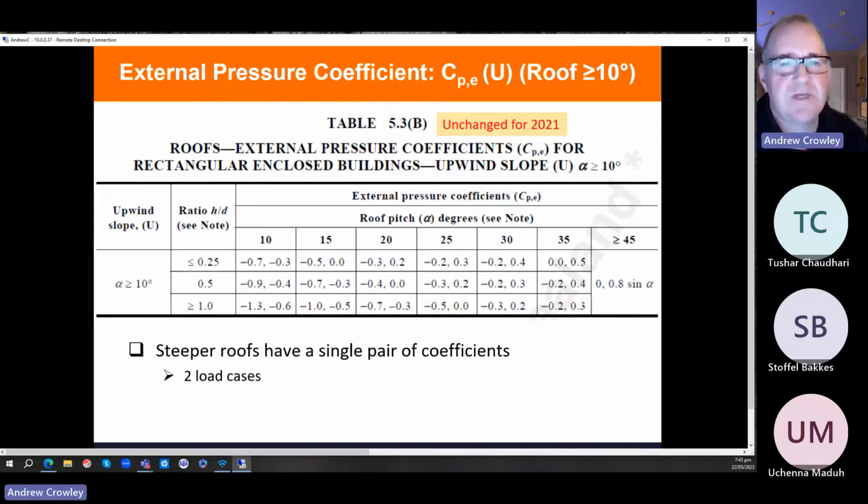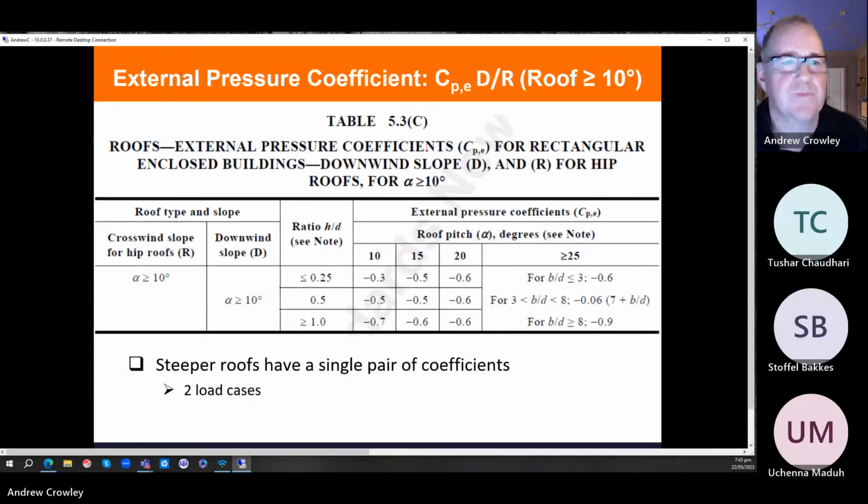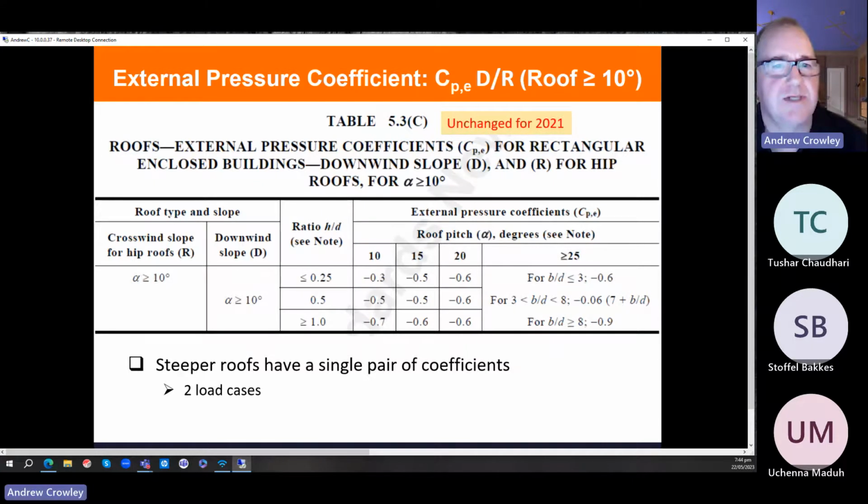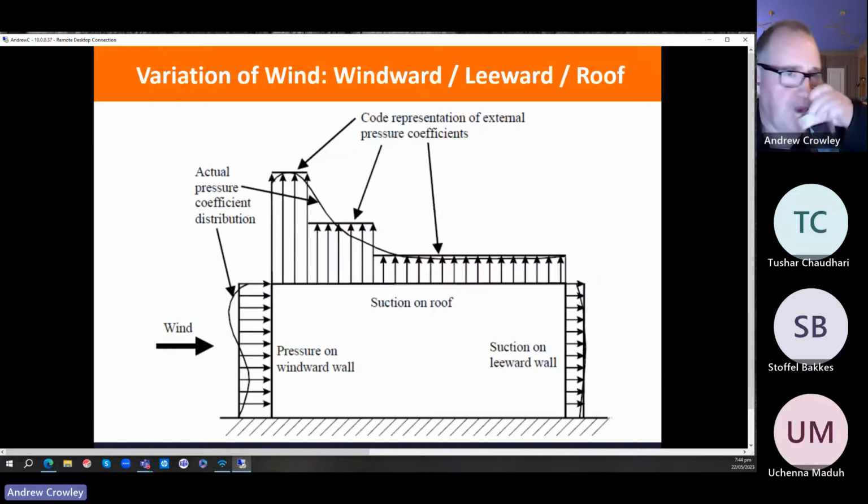Again, it's unchanged for 2021. If you're bigger than 10 degrees, you're looking at table 5.3c. So your crosswind or your downward slope is bigger than 10 degrees. Here are your coefficients of pressure on the roof. Again, unchanged for 2021.